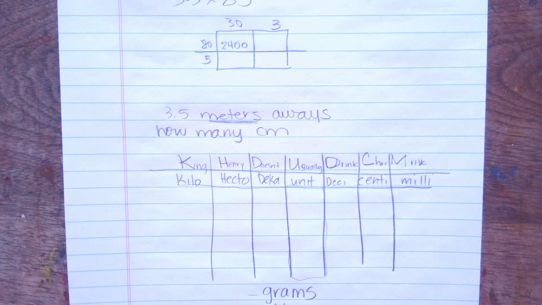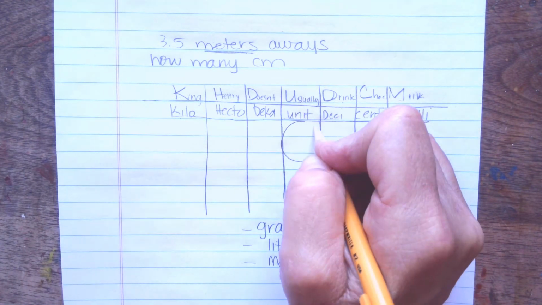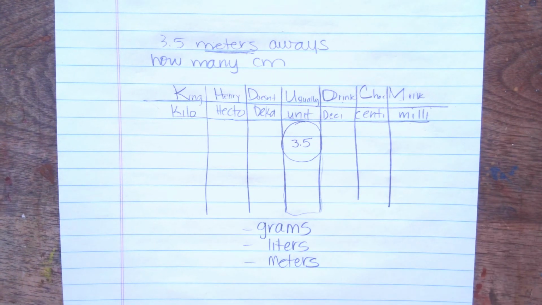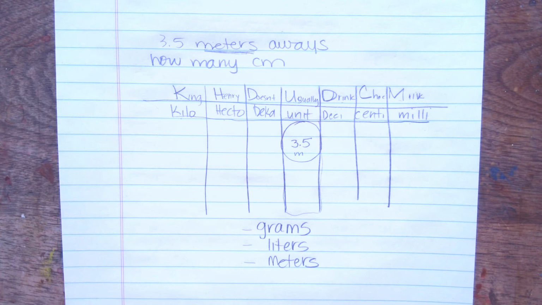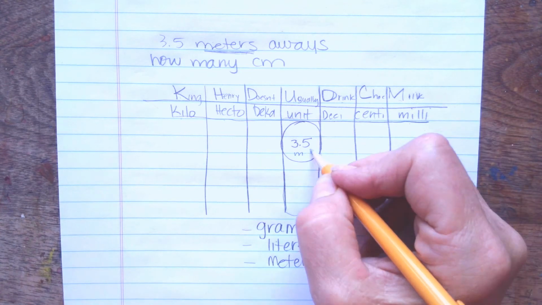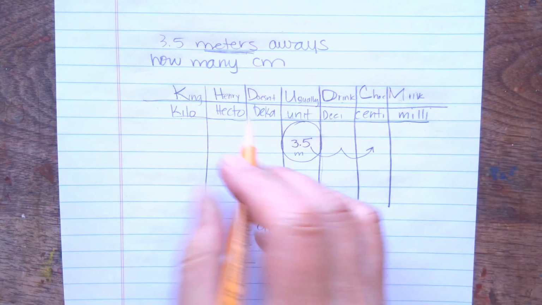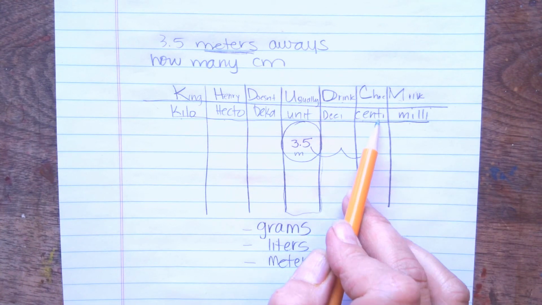Okay, so we're going to start here. And we're going to write 3.5 because it's 3.5 meters. And then we are going to do 2 jumps because we're trying to get to cm, which is centimeter.